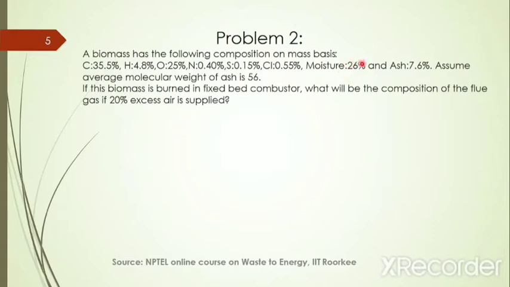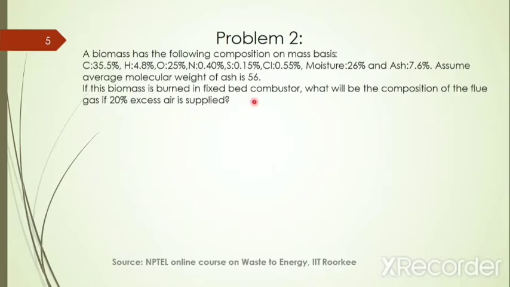In that problem we considered dry biomass, but here we have 26% moisture. We have to find the flue gas, that is the product gas composition: how much percentage of carbon dioxide, water, etc. Here also we are providing 20% excess air. As already discussed, in practice we supply excess air over the stoichiometric air.